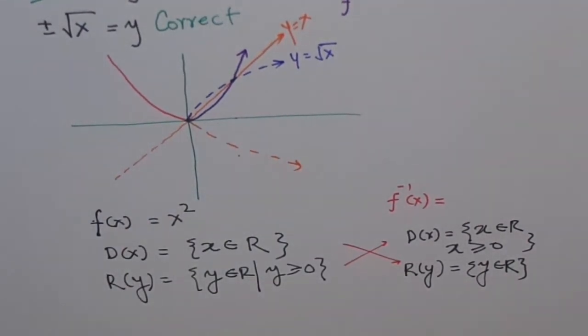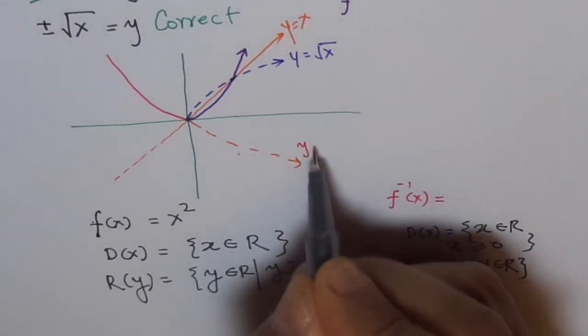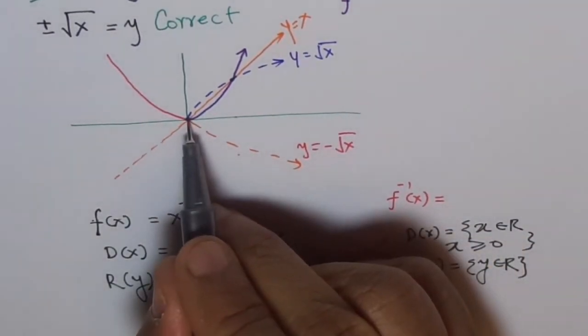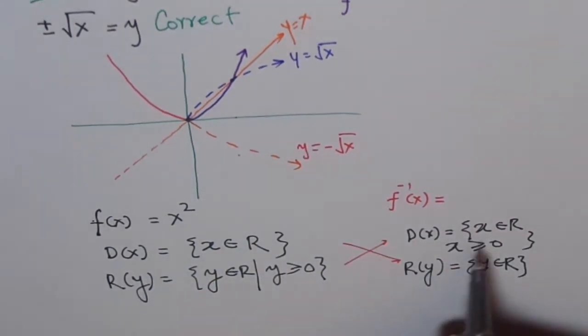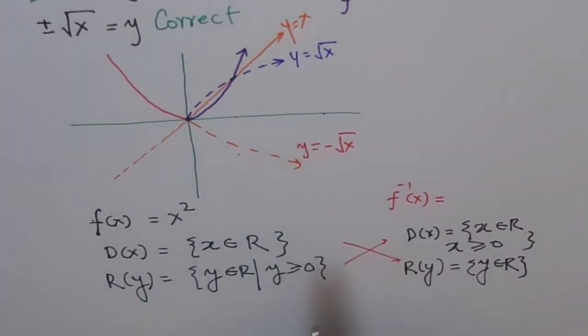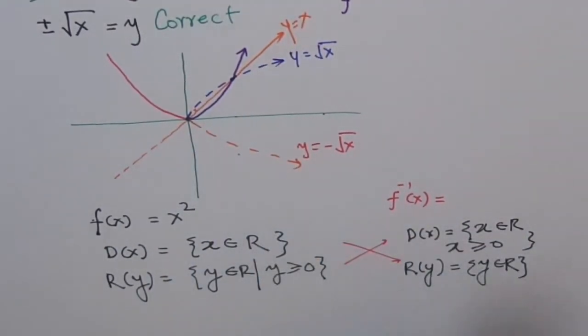But for our parabola, which is this and this, y = ±√x, correct? Domain is only on this side. x belongs to real numbers where x is greater than or equal to 0. Do you see that? And how about y? It is approaching infinity, right? All values. Do you see that? Correct.